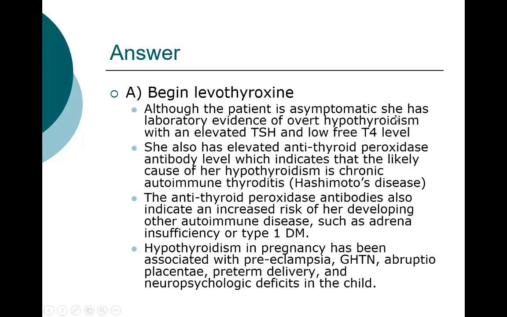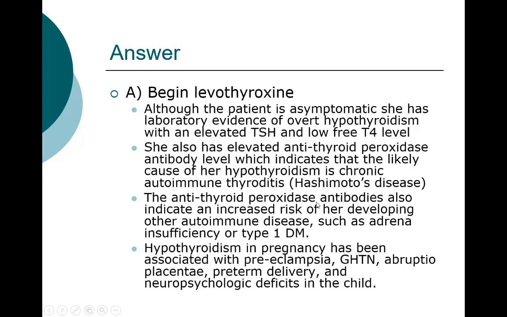Although the patient is asymptomatic, she has laboratory evidence of overt hypothyroidism with an elevated TSH level and low free T4 level. She also had elevated anti-thyroid peroxidase antibody level, which indicates that the likely cause of her hypothyroidism is chronic autoimmune thyroiditis or Hashimoto's disease.